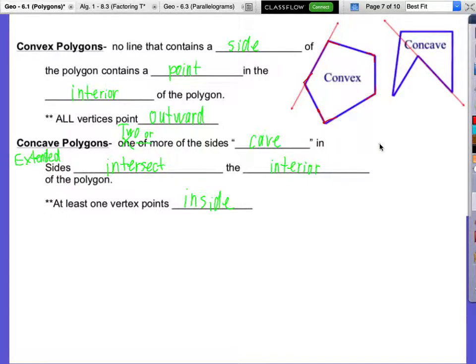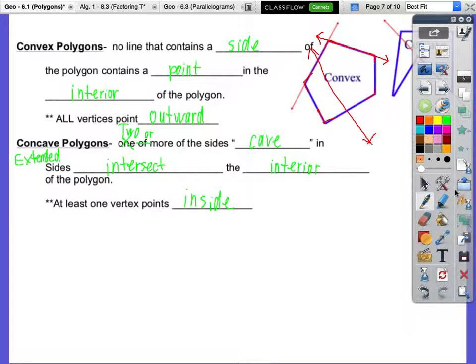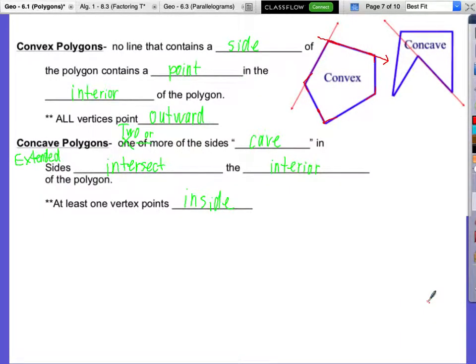So, if we look up here, when we extended these sides, none of these extensions, these lines, went inside of the polygon. They all stayed outside the polygon. None of them went through the polygon. But if we do this with the concave polygon, that won't be the case.